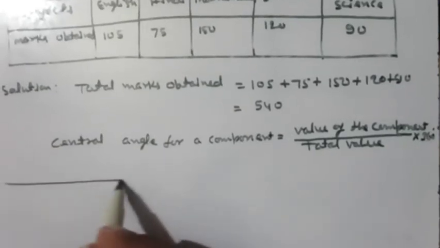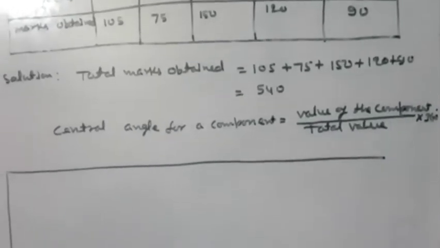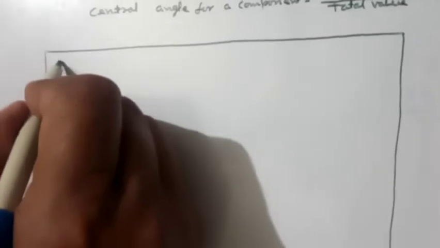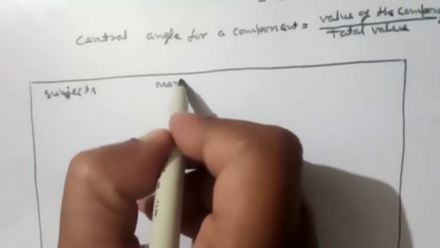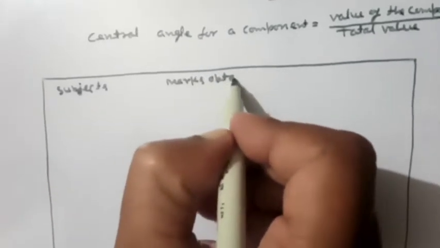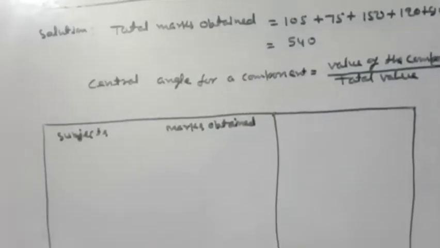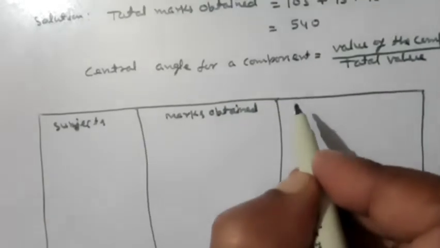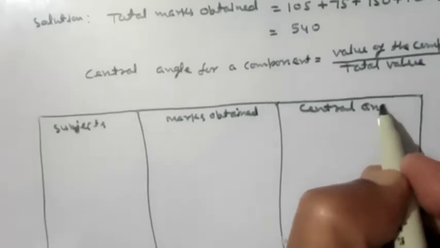For this we make a table like this. Subjects, marks obtained, and this is central angles.